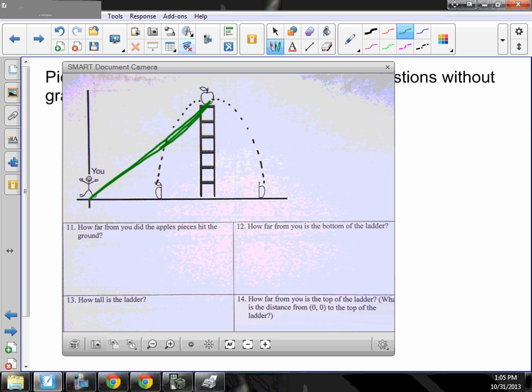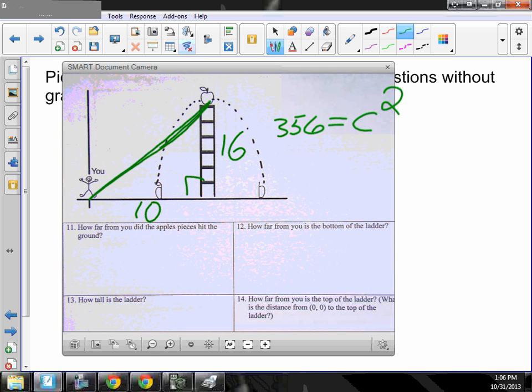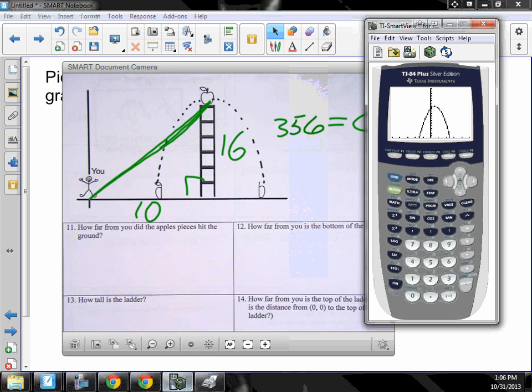This is a right triangle. What's the distance for A? 10. What's the distance for B? 16. So I have 10 squared plus 16 squared, which is 356, equals C squared.